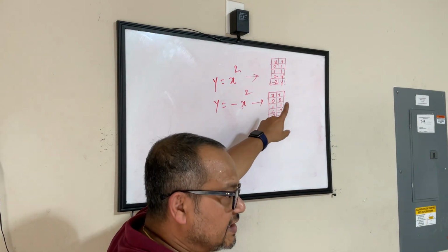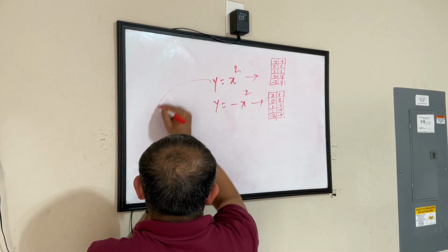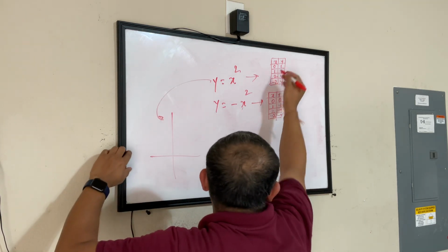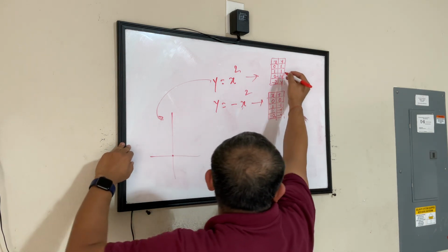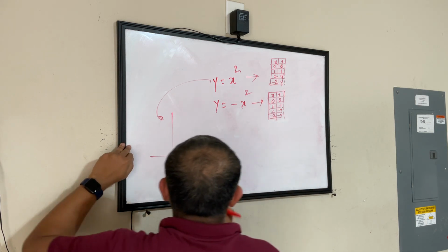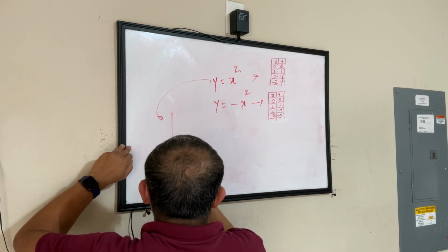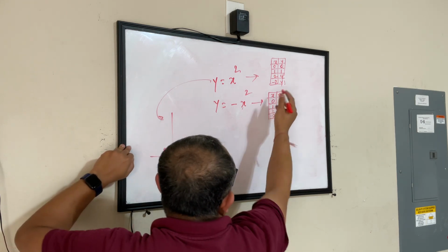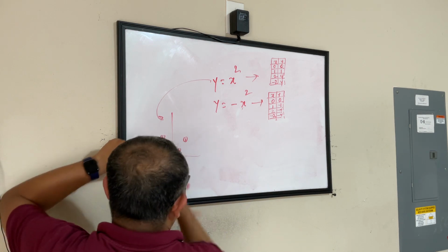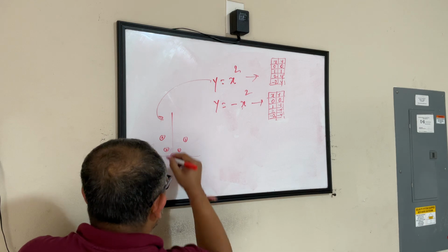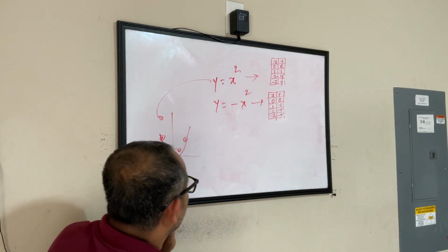Now look at these two scenarios. I'm just assuming something, I'm not putting effort into drawing it, I'm just trying to give you some conclusive view. In this case, this is my parabola.